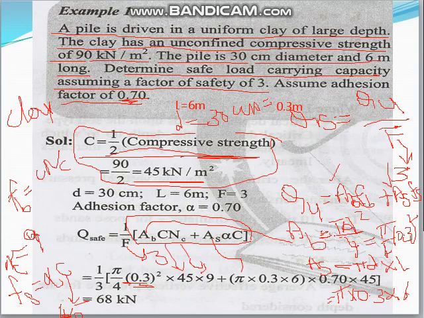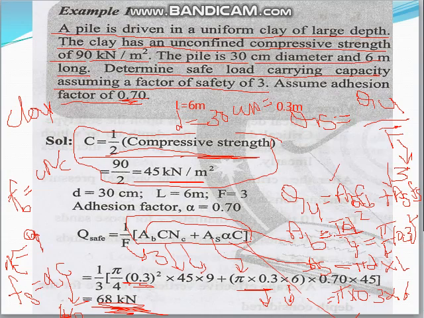Then the surface area of the pile is the perimeter pi d, where the diameter is 0.3 meters, and the length of the pile is 6 meters, pi d into L, into adhesion factor 0.70, and then cohesion 45 kilonewton per square meter. By substituting these values, finally we will get the safe load carrying capacity of a pile as 68 kilonewtons.